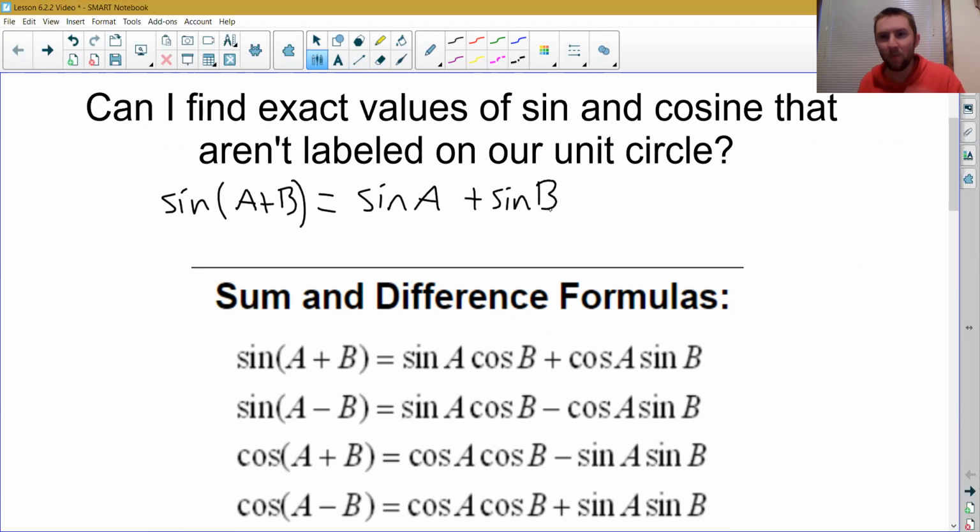Basically, can we distribute that sine into the two things that are added together in the parentheses? It turns out we absolutely cannot do that. The sine of two angles added together is not the same as the two sines added together, but there are formulas for what the sine of two angles added together equals, and they relate to sine and cosine.